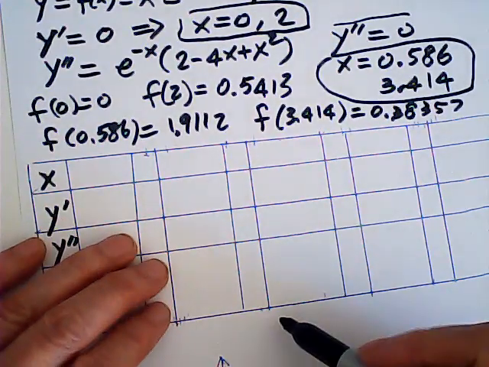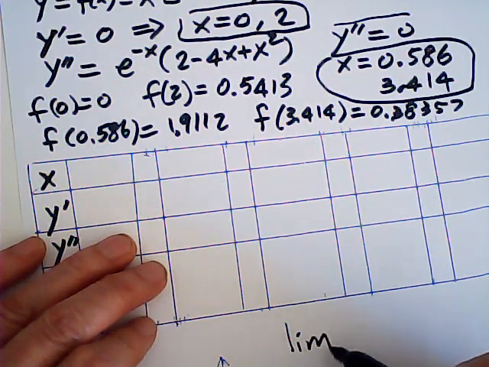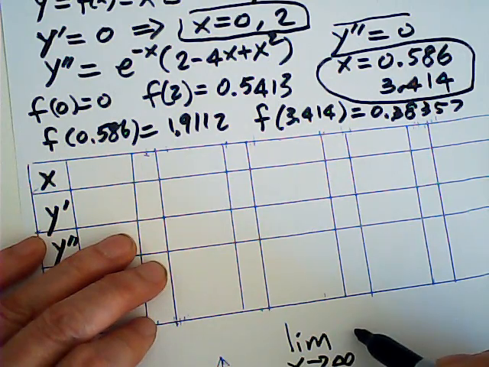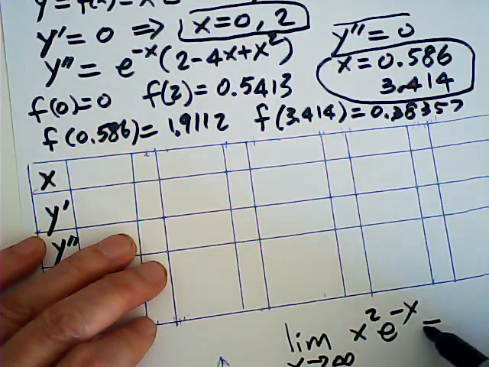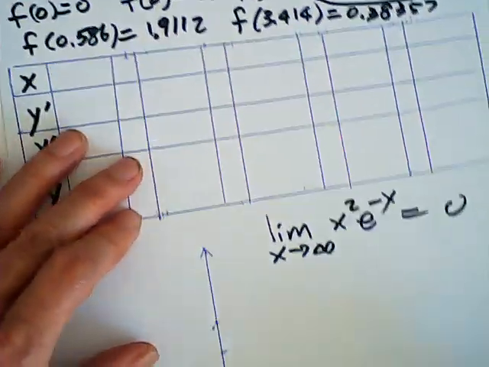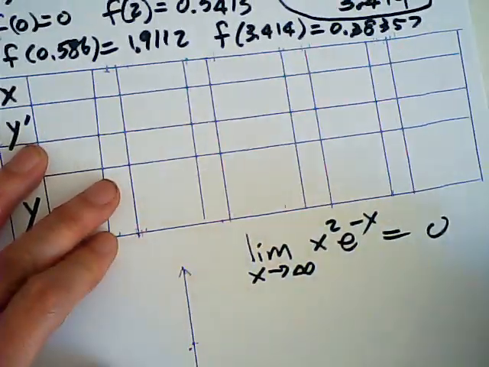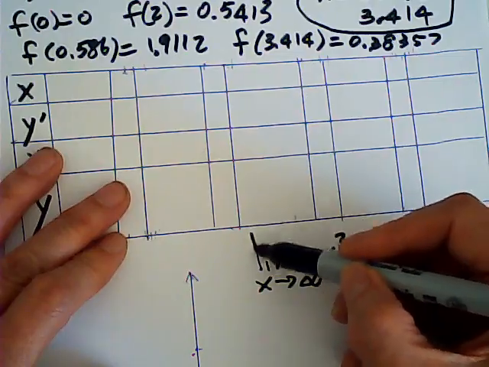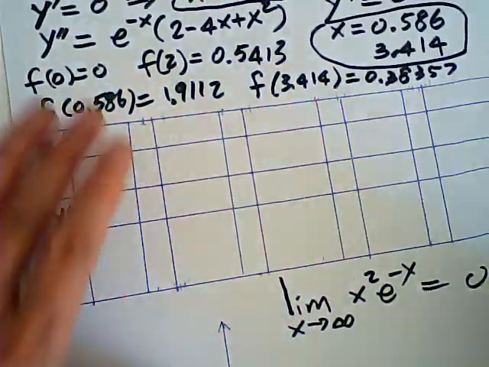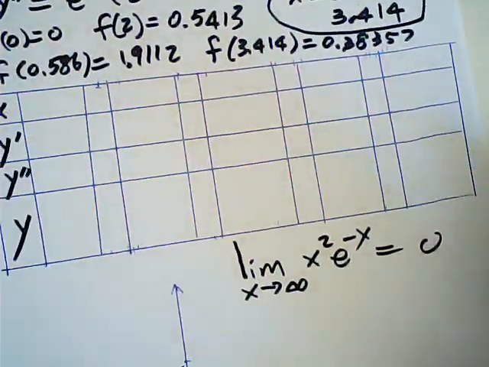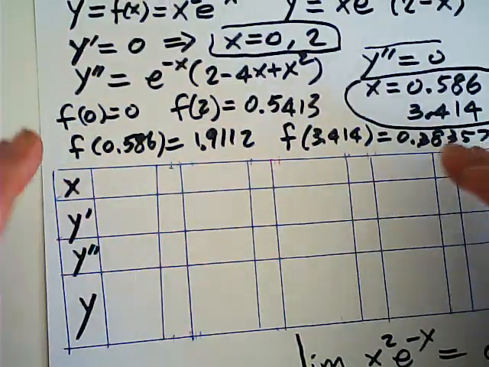So we have an asymptote. The limit as x goes to infinity of this, x squared minus e to the x, goes to 0. So we have an asymptote, y equal to 0.